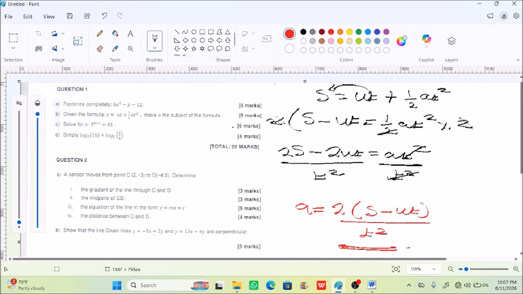So we move to question C. Question C, we have solve for x. Let's erase the board because my board is too small.